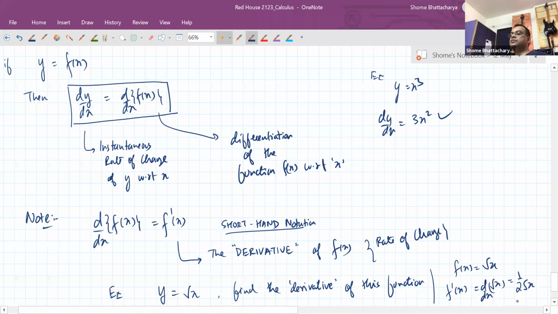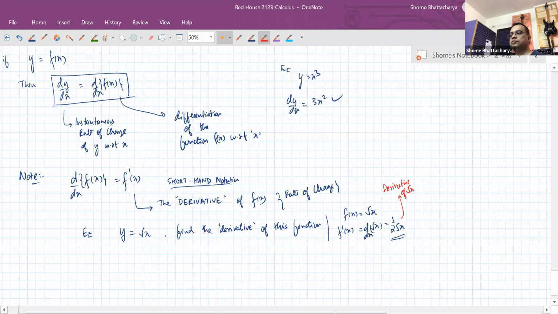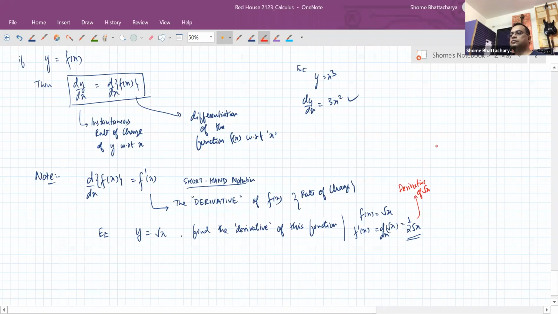So this one is the derivative. There's nothing new here. It's just a particular terminology that we call the rate of change of a function as its derivative.